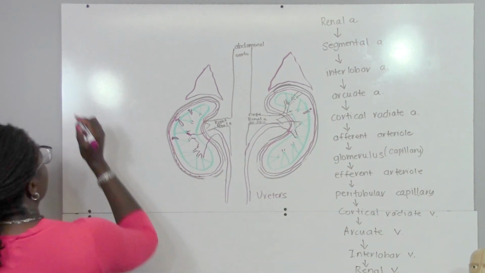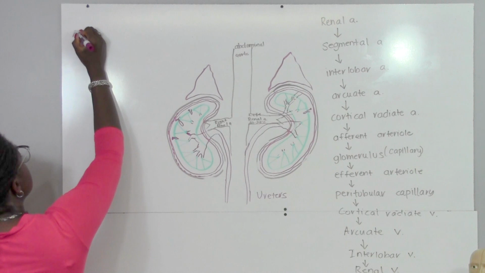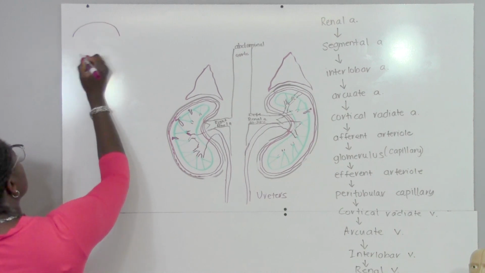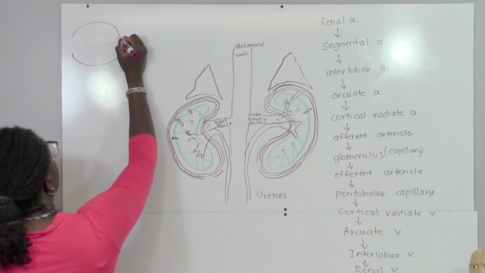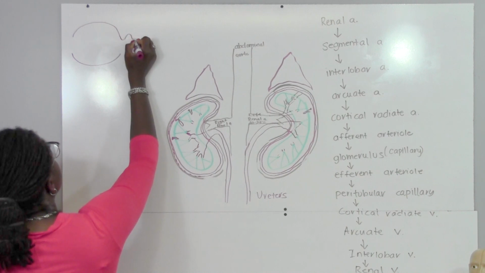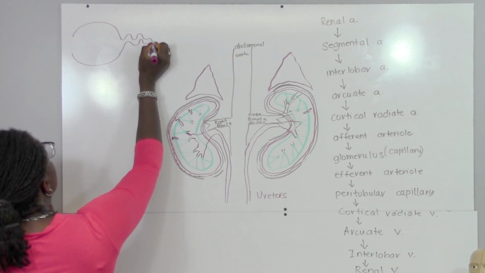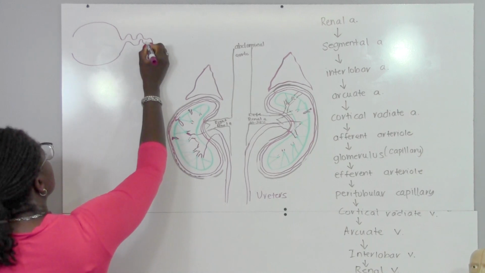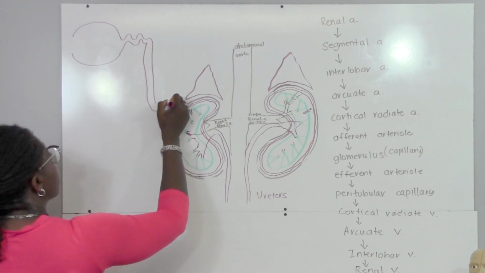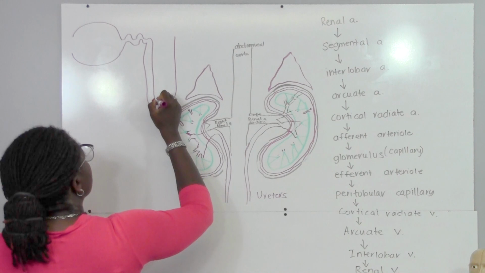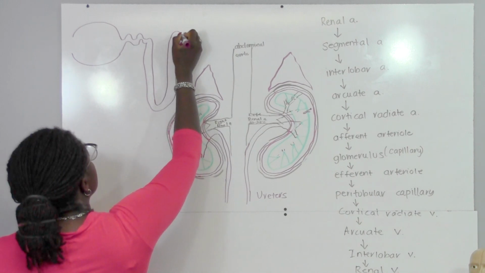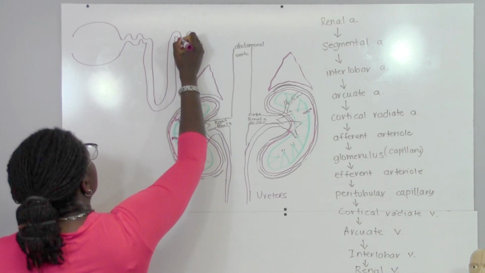And so the structure of the nephron is that it has a ball-like structure, like so. And then it has tubes that attach to the structure. So even though I'm drawing it somewhat larger here, you're going to imagine that they are microscopic.